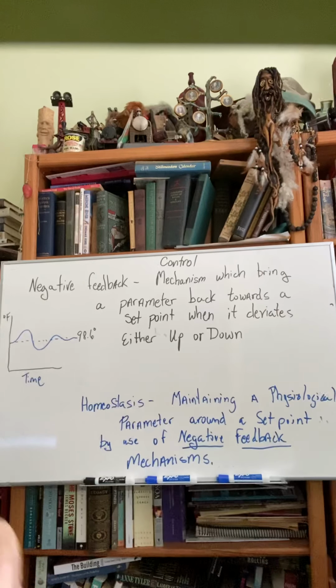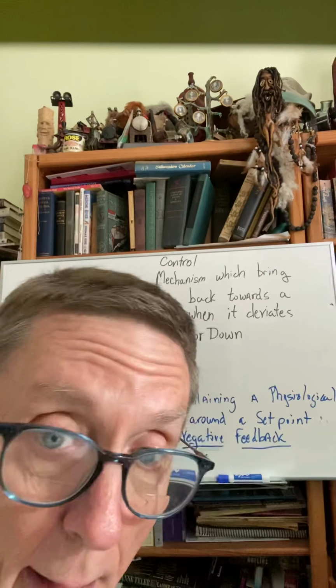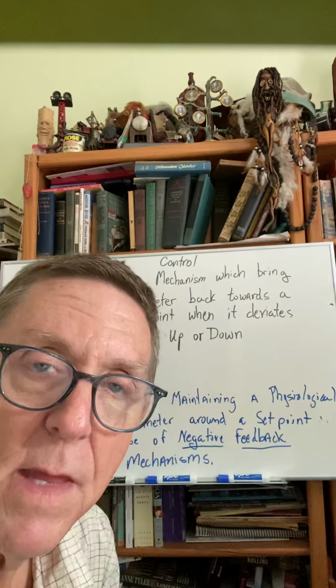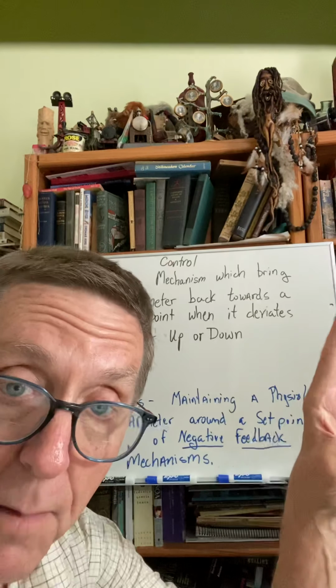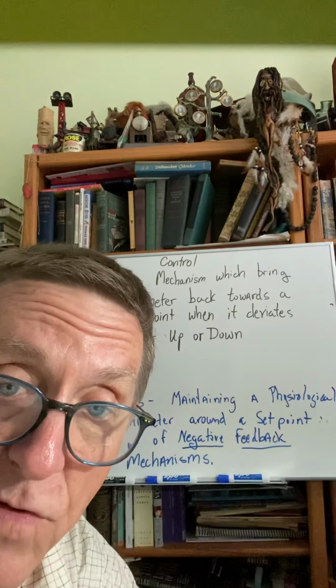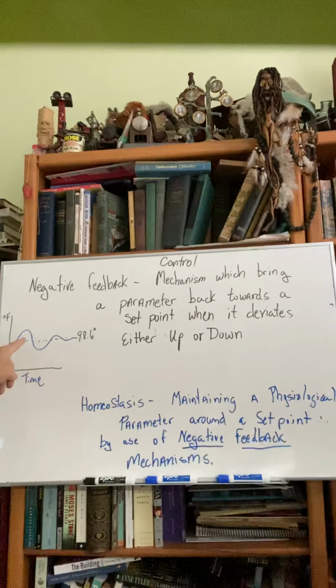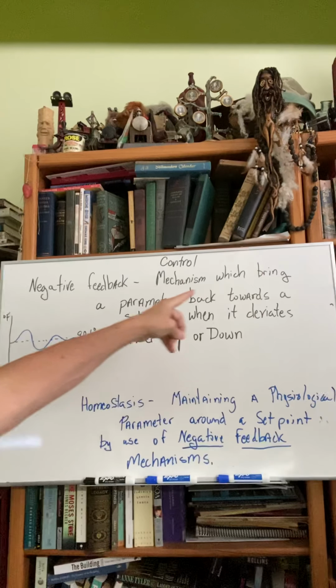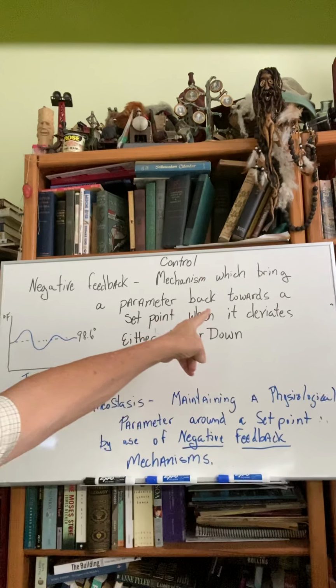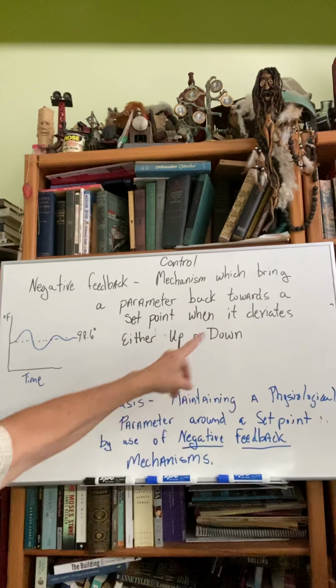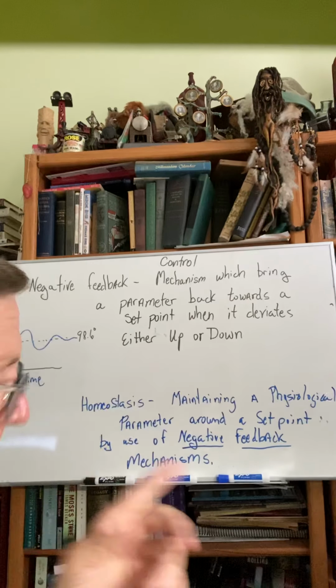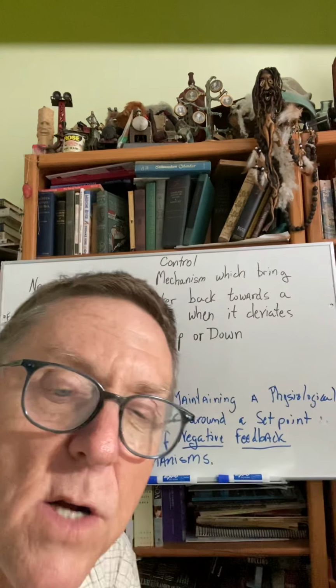And we had said, what happens? Your body is not always 98.6. It sometimes is above, sometimes is below, but it's always revolving around a set point. Mechanisms which bring a parameter back towards a set point when it deviates either up or down. What do we call this?